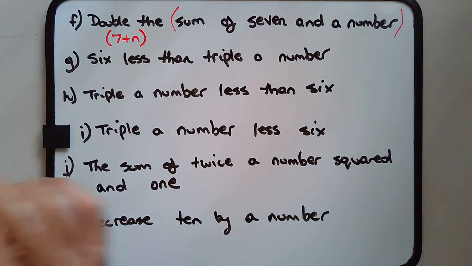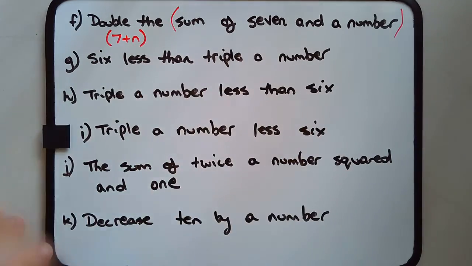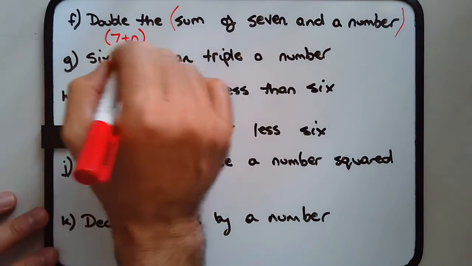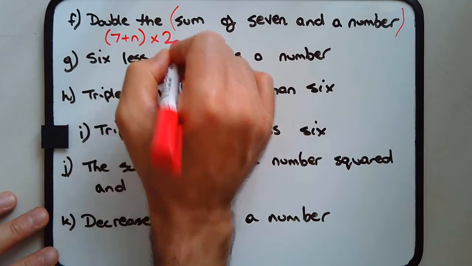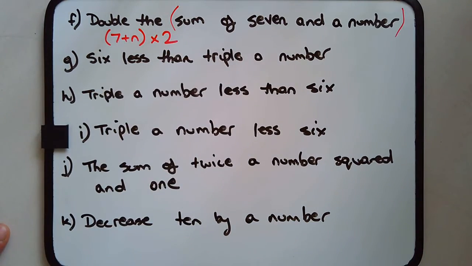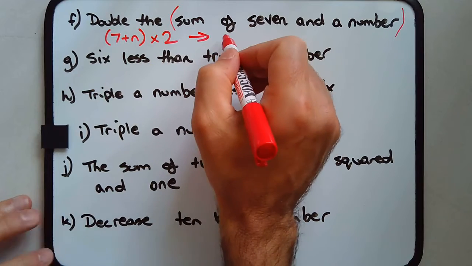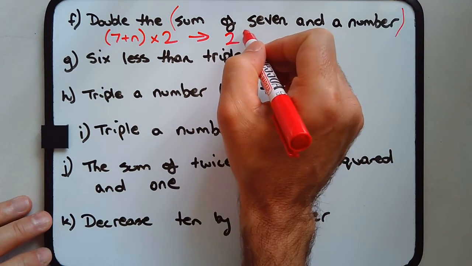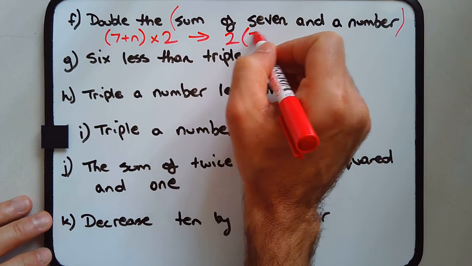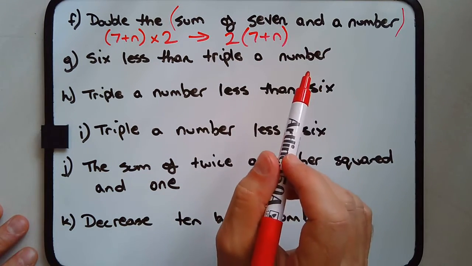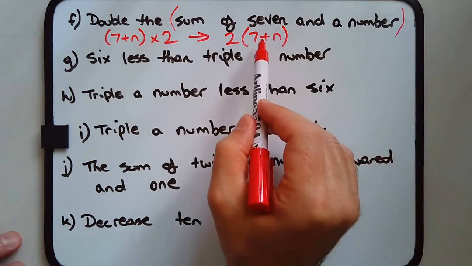We do that first, and then we double the expression in the brackets. So we could write it as 7 plus n times 2, or in a more shorthand way, 2 outside of 7 plus n. Or you can write n plus 7 with addition.